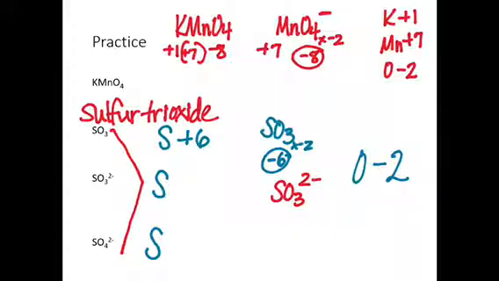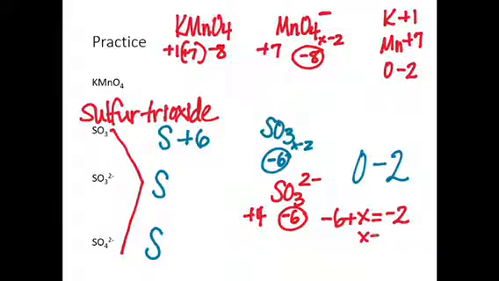So I still have a -6 total here, so I need to know what plus -6 is going to equal my -2. And so that, of course, is going to be +4. If you can't just see that, because some kids can just look at it and know right away, and some kids are like, where did I get that +4? You can always do a really quick -6 plus X, where X is sulfur, has to equal a -2, and then we'll see that X is equal to a +4.